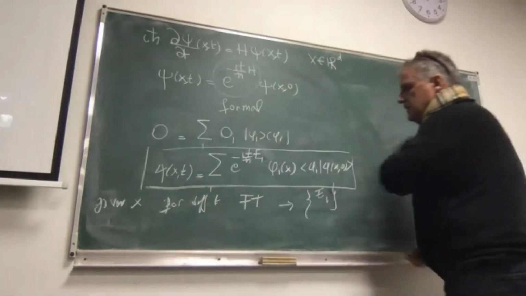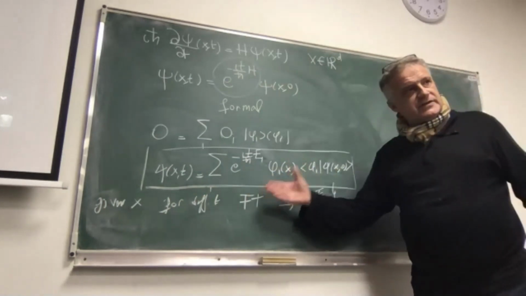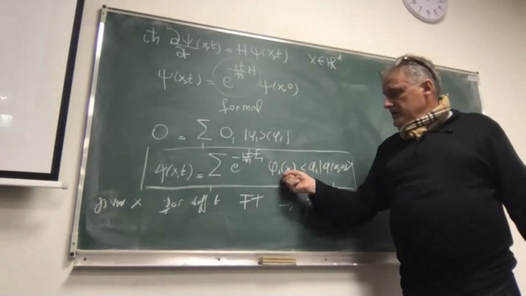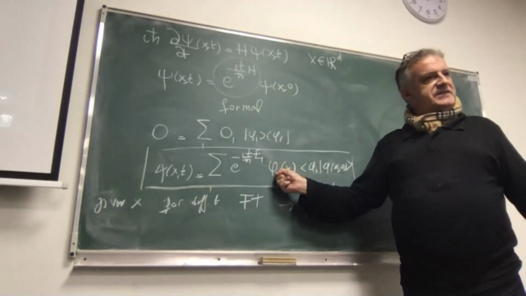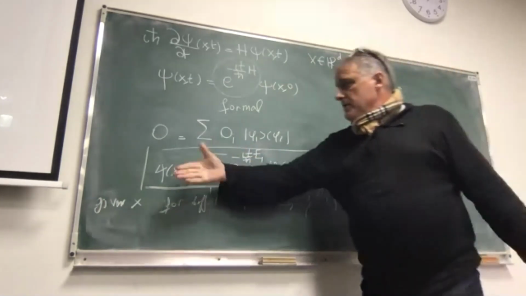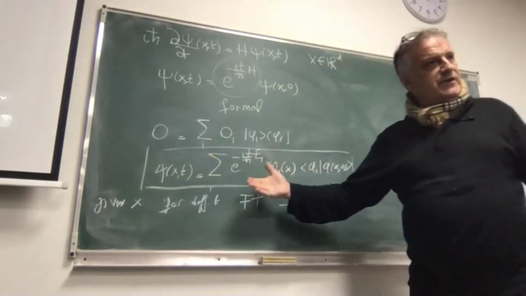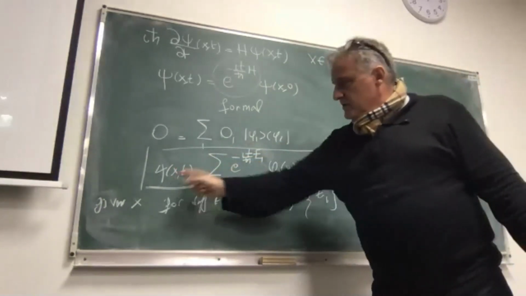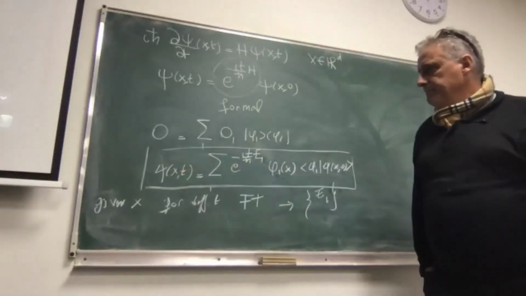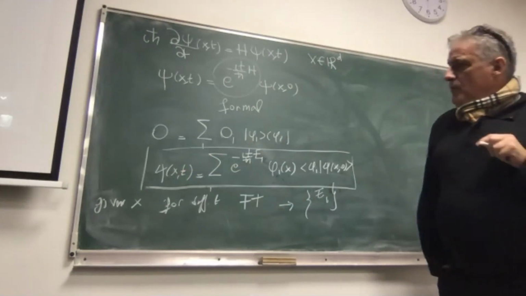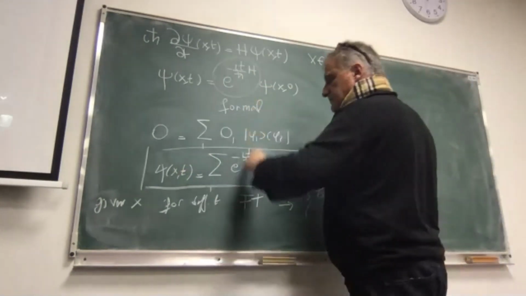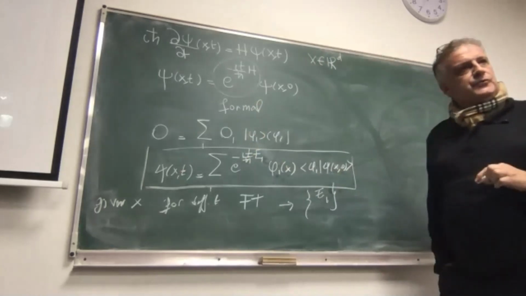So you can extract the exact energies and also the exact eigenstates just by making some elementary operation on the quantity psi x of t. Of course, it's very difficult to do that.